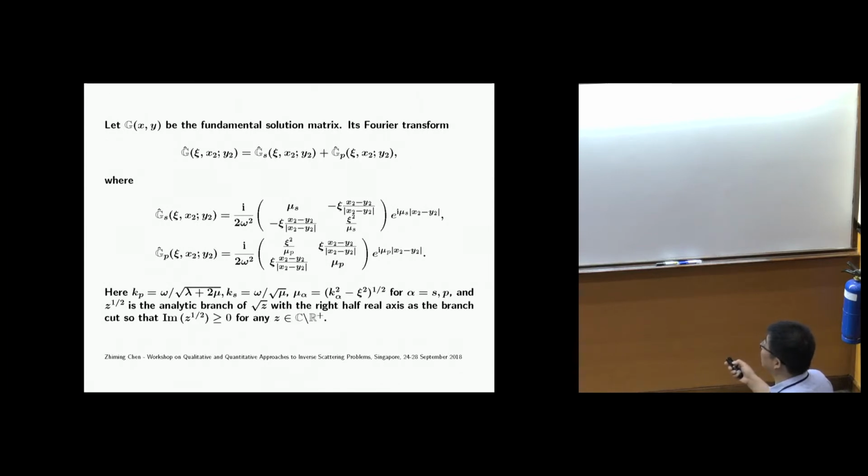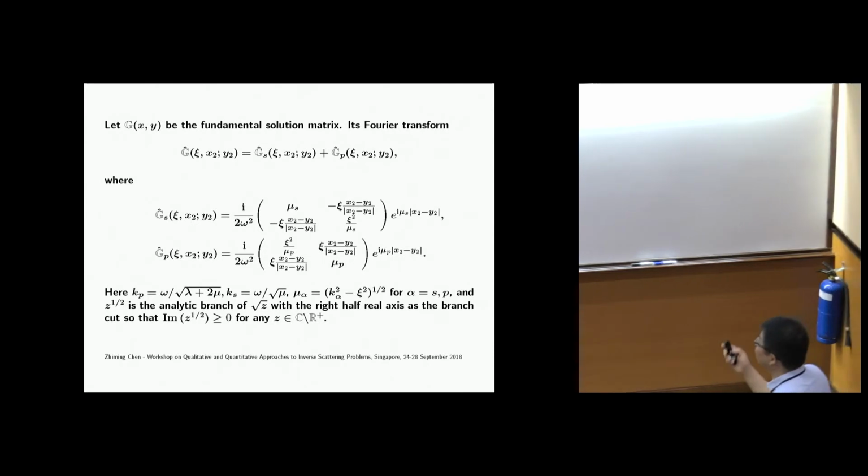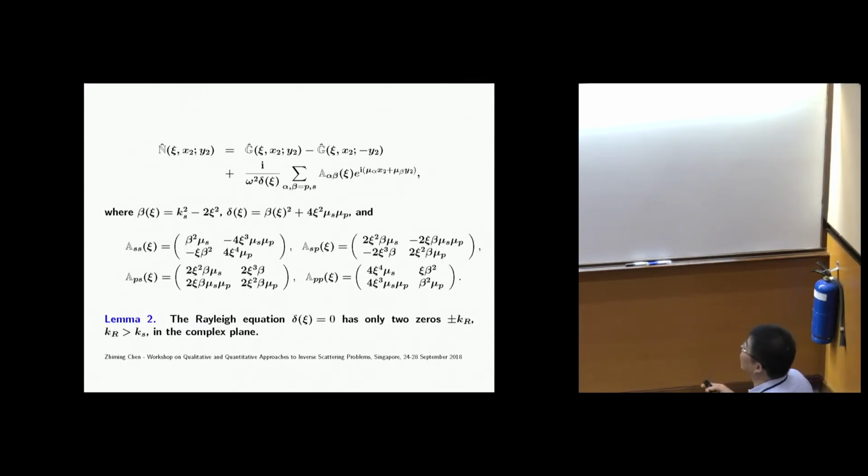You can have the S component and the P component of the fundamental solution. These are well-studied objects in the literature, the P wave and the S waves. Because we have taken the square root of a complex number, you always have the branch cut on the right half of the real axis, and the imaginary part is always positive. These are for the fundamental solution.